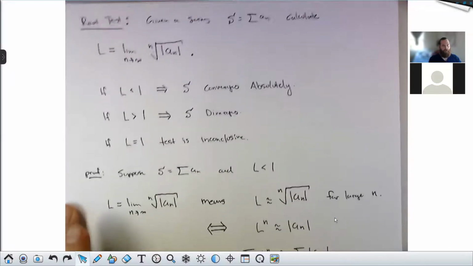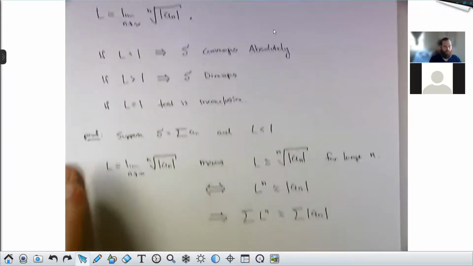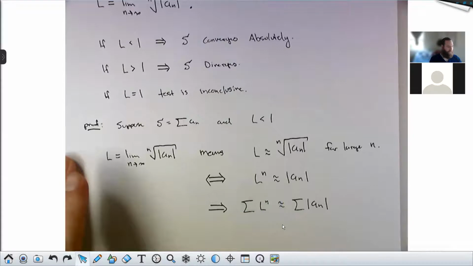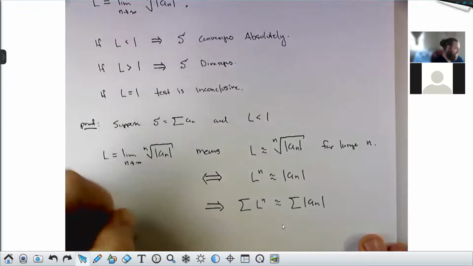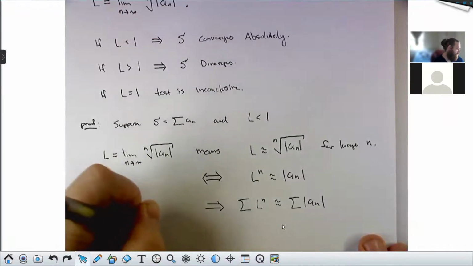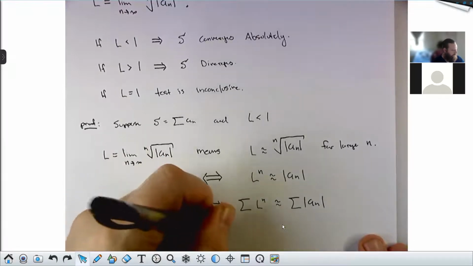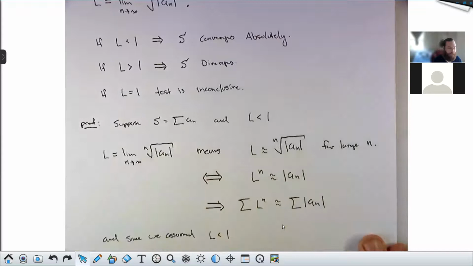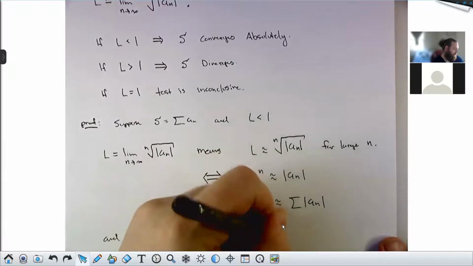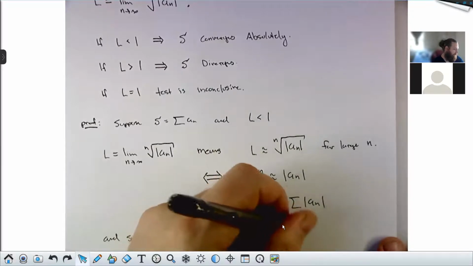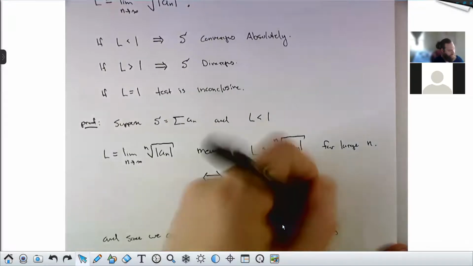That's the corresponding absolute value series for my original series S. On the left-hand side, you have sigma L to the n. And since we assumed that L was less than 1, this geometric series, sigma L to the n, must converge.